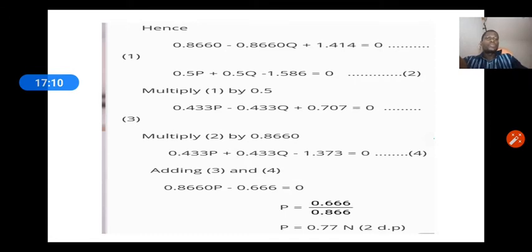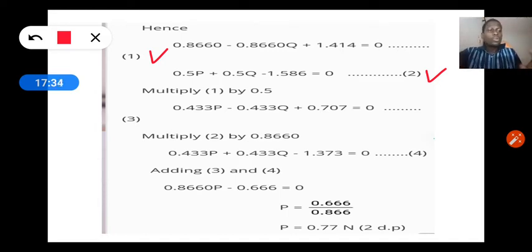Now, this was the first equation, summation f of x. So this becomes my equation 1. This also becomes my equation 2, the summation f of y. I will solve the two equations simultaneously. We all know what simultaneous equation is all about.